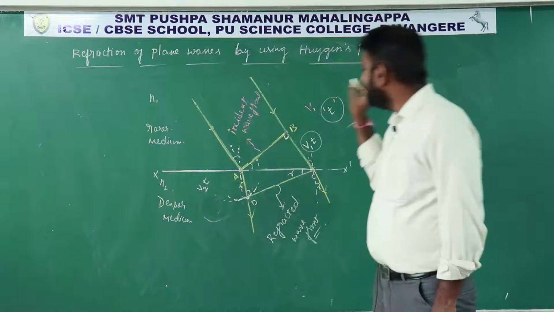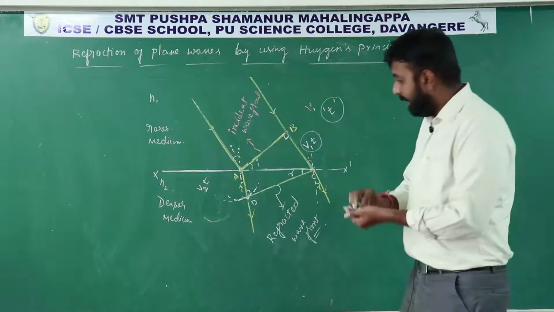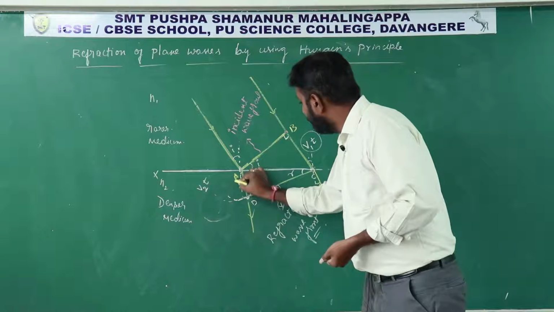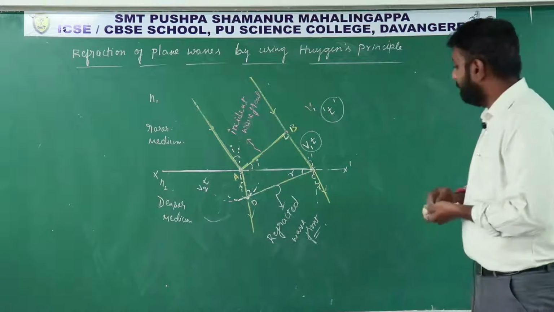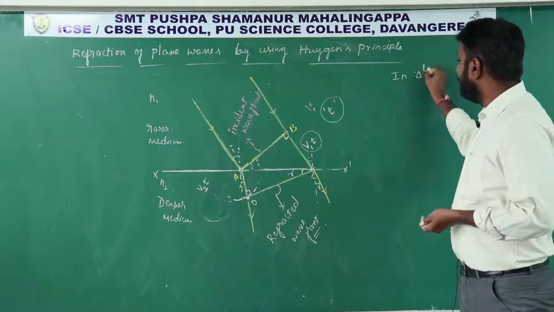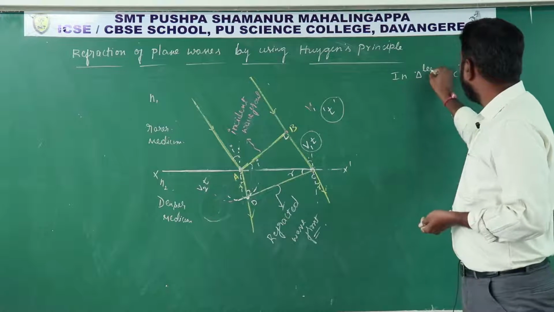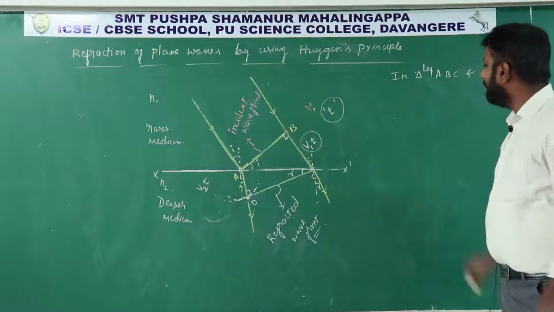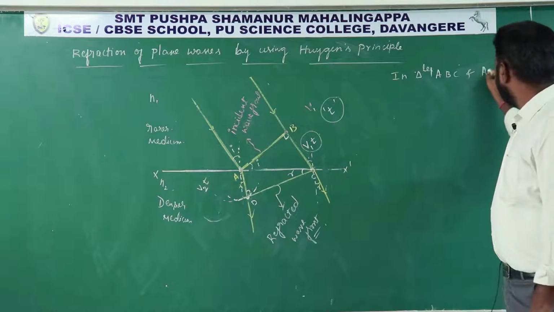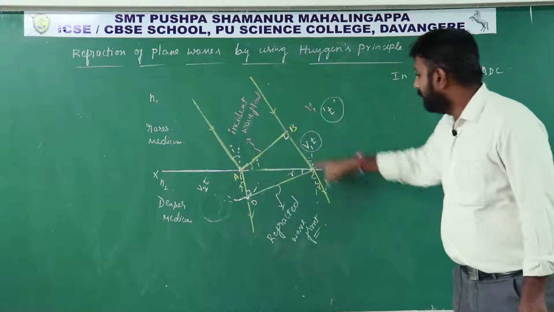Here also the angle is 90 degrees. Then you can see the triangles here. Which are the triangles? Triangles ABC and ADC.